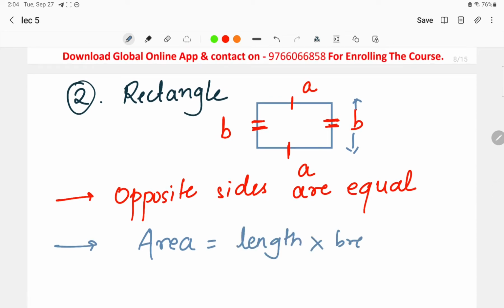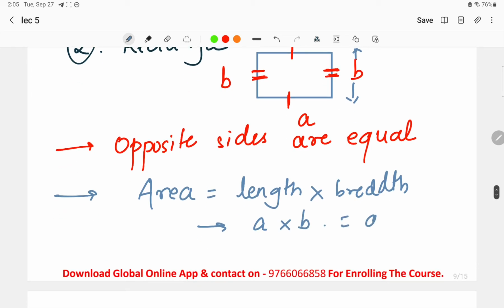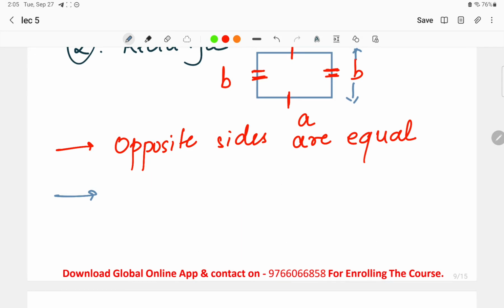So what is the length over here and what is the breadth? The length is A into B, so area will be AB. Whenever we take the area, we'll directly write it in small letters: area of the rectangle is equal to AB.